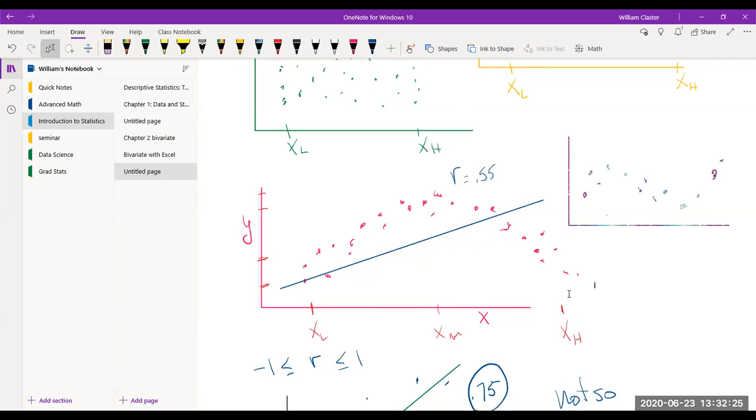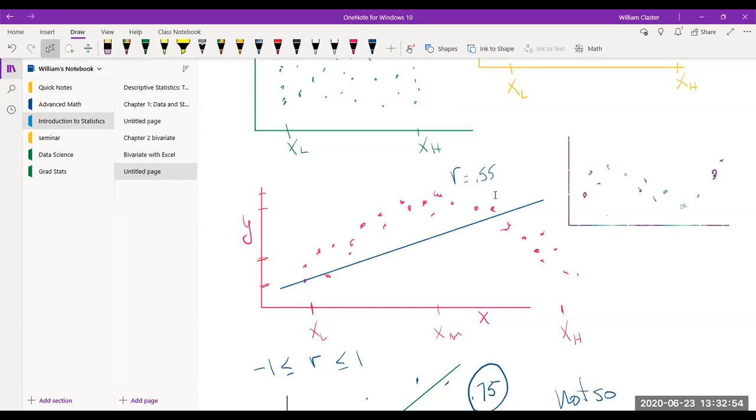When people use correlation, they mean linear correlation. So if you say this data is not correlated, somebody else might misunderstand that and think that it's not related or there's no relationship, but that's definitely not true.